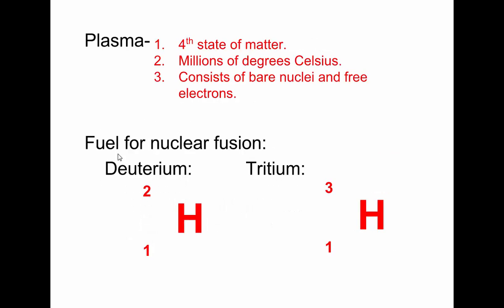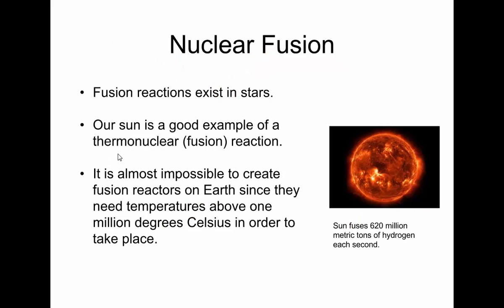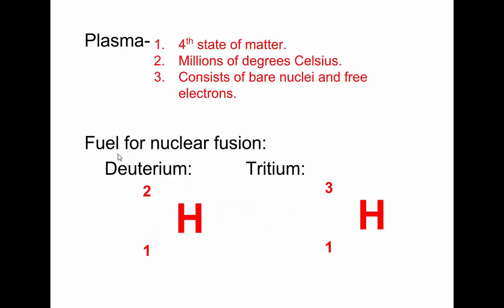However, it has not been able to be used to generate energy on Earth for humans because it takes place at such high temperatures. There would certainly be benefits from using fusion to generate energy for people to use. And so people are working on ways of trying to do it at a manageable temperature.